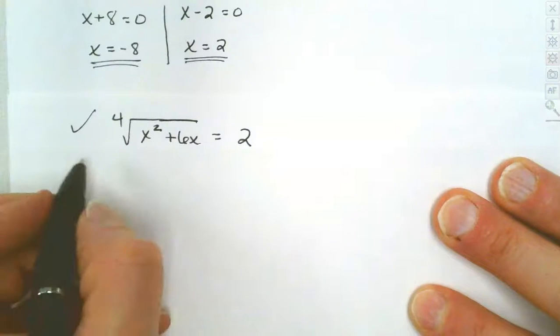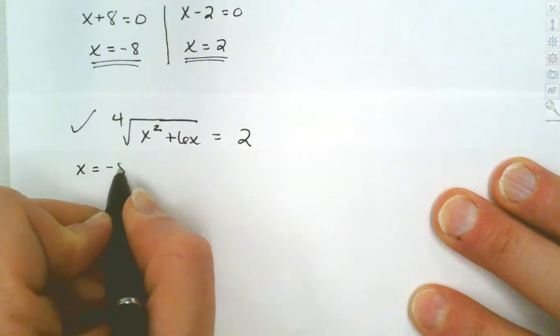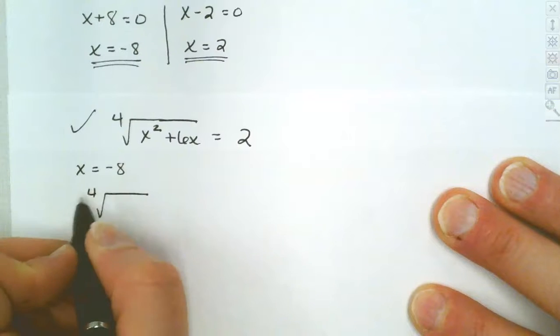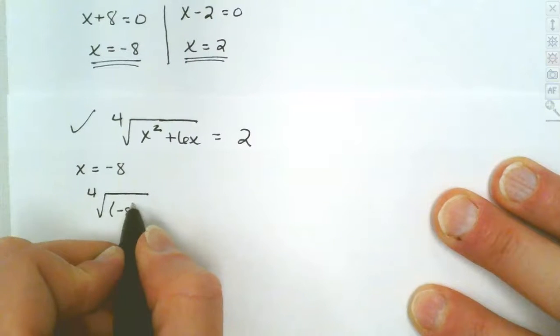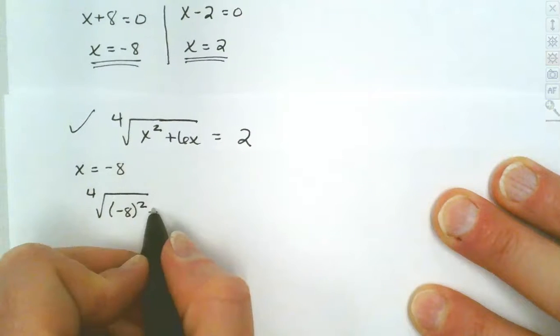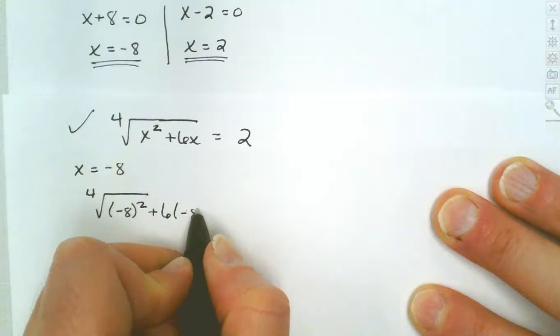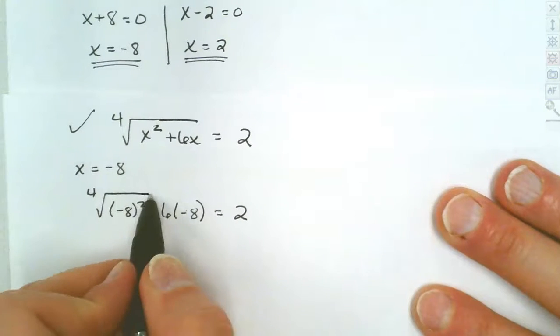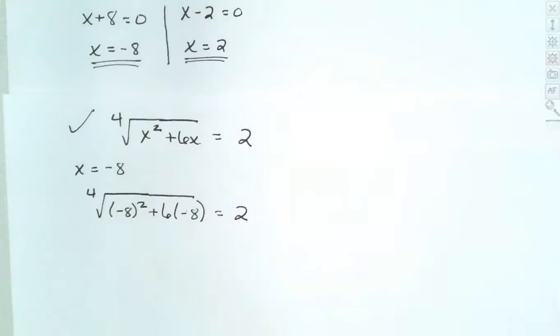So let's plug in that negative 8. That's going to be the fourth root of negative 8 squared plus 6 times negative 8. And let's see if that gives you a 2. It should come out to be the fourth root of 16, because we know the fourth root of 16 is 2.